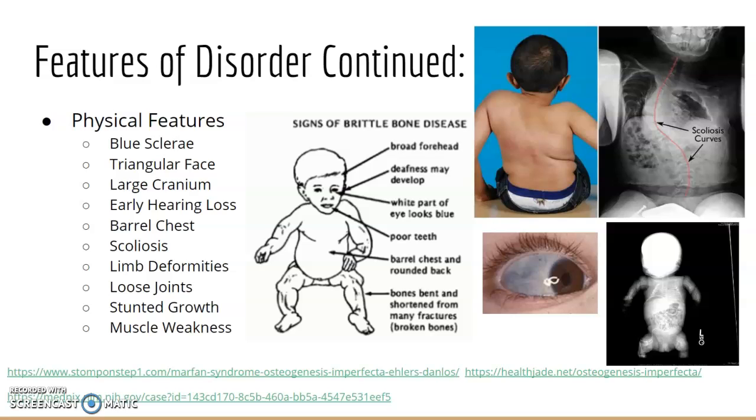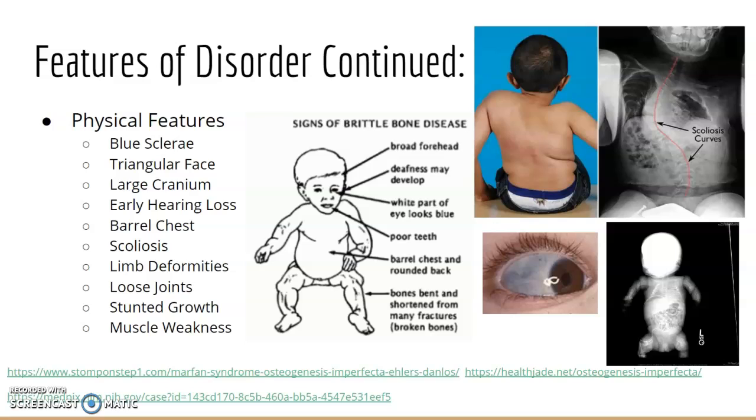So there are some physical features that make it easy to see somebody and know that they have OI. Some of those being the whites of their eyes have a blue tint on the outside instead of the usual color. They have a triangular face, a large cranium, and early hearing loss that can start anywhere from their 20s to 30s.